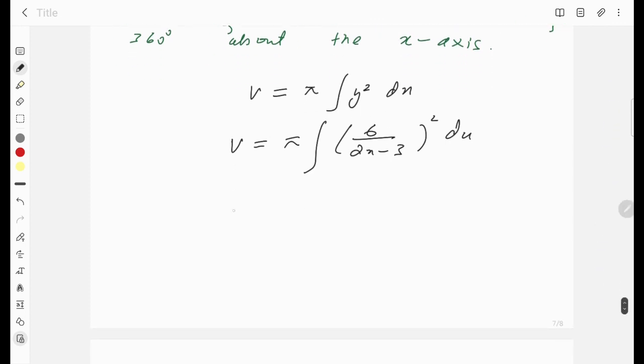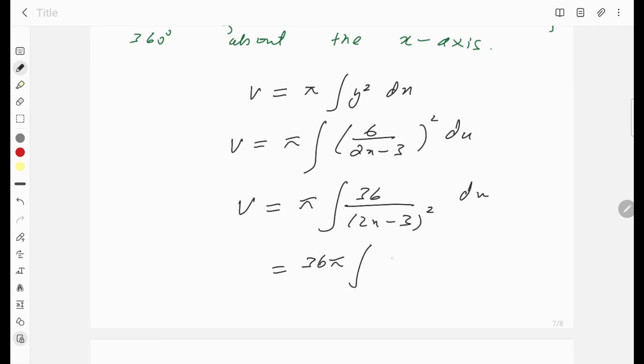Now you will simplify it. It is pi, 6 square is 36, 2x minus 3 square dx. You can take 36 out and simplify this thing this way.